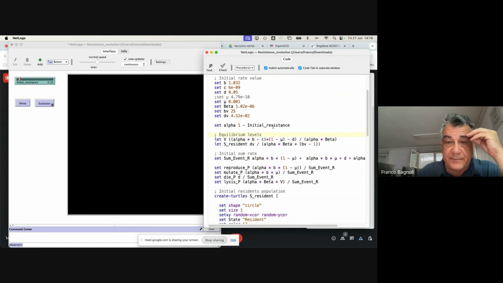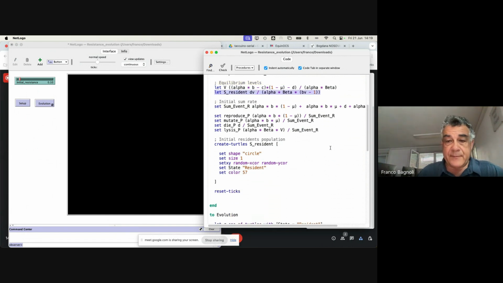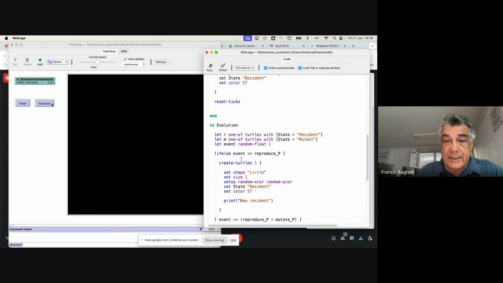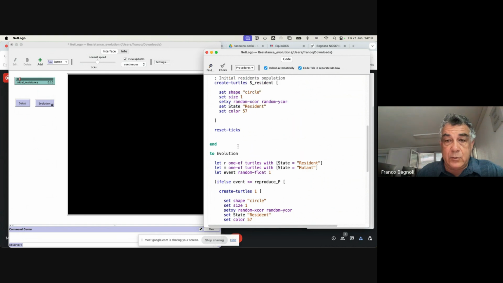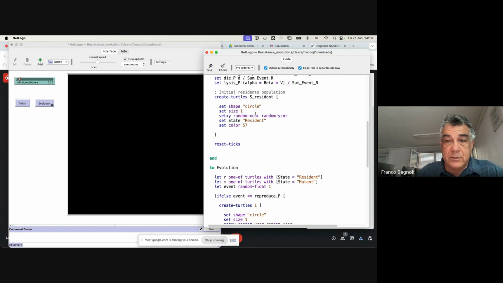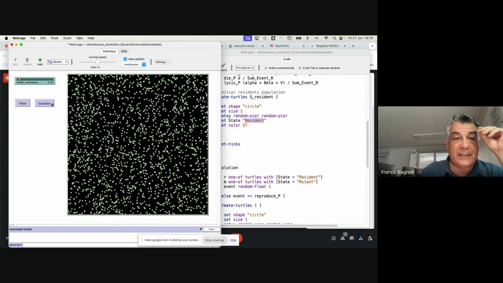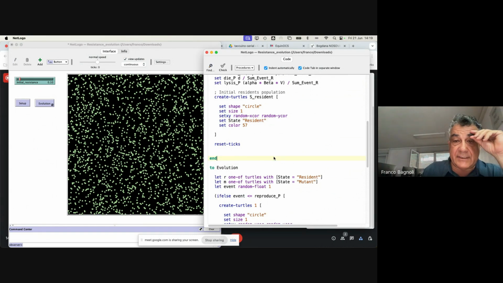Then they are randomly located in the world, and they have state resident and some color. So these are the number of residents.